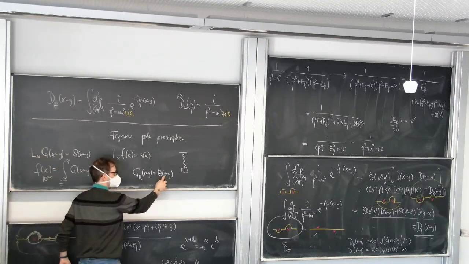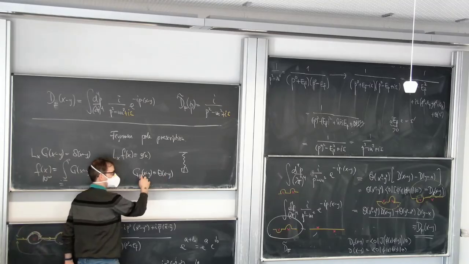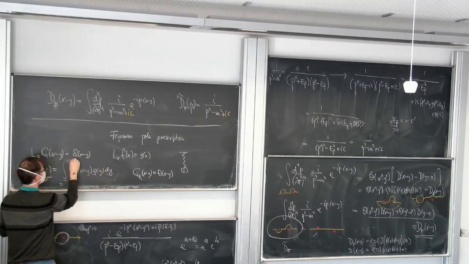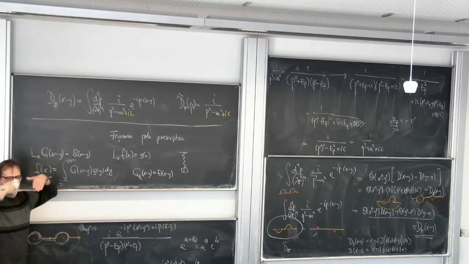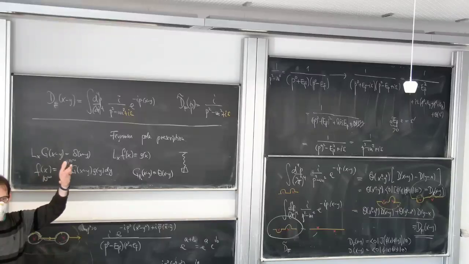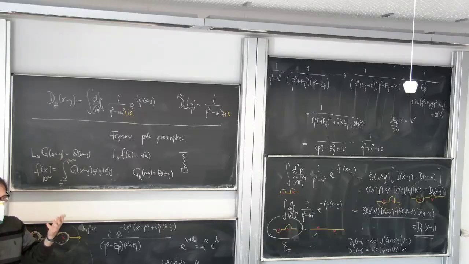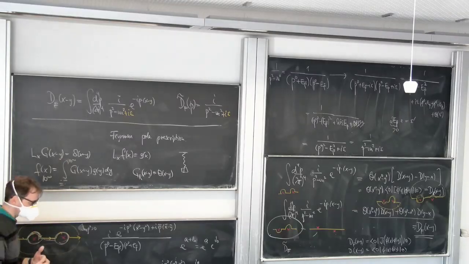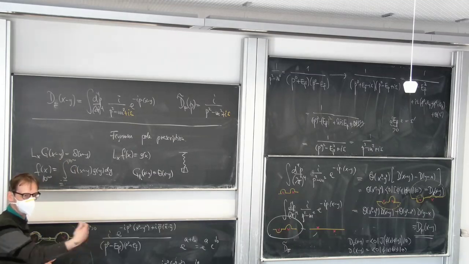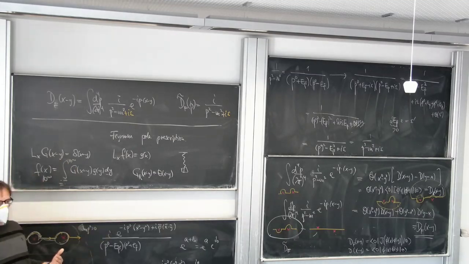Because if y is larger than x, then G is 0. So this integral is really only until 10 o'clock. Everything you did to it before matters, but not after. That's the normal thing, and we call it retarded, because there's a delay between your wiggling and the reaction, and not the reaction before.